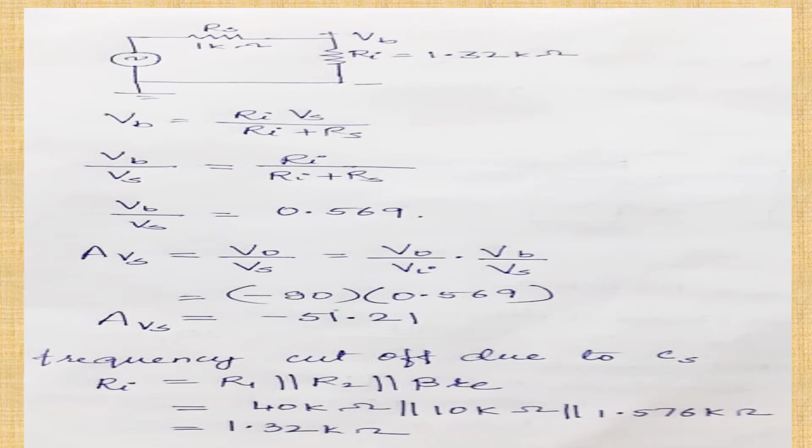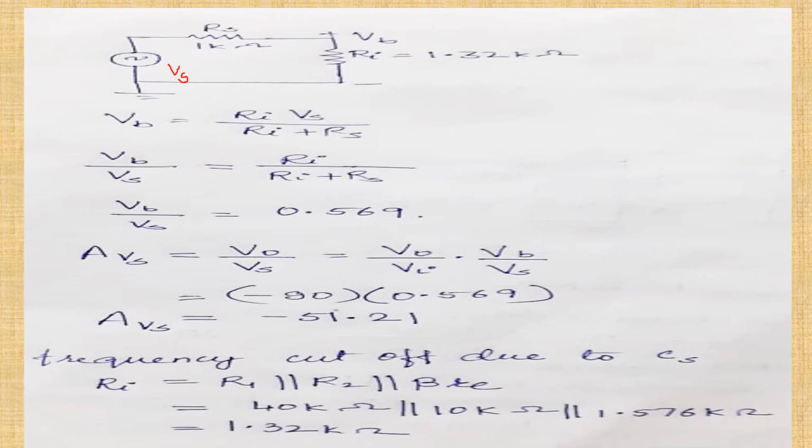Here the input side of the re model is taken. So the input resistance is Ri, which we have already found out. So we'll find the ratio of VB upon Vs, this should be Vs. You apply the voltage divider rule, so you'll get VB upon Vs, which defines your voltage gain. Now here V0 upon Vi was given to you as minus 90, and that we have already calculated. Based on that you find the voltage gain AVs.